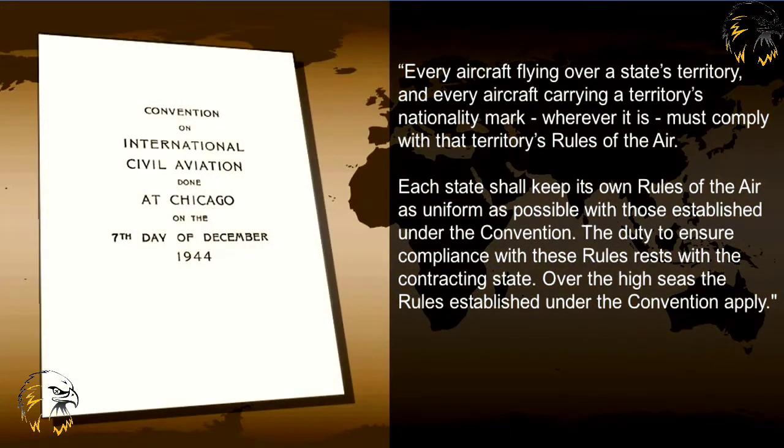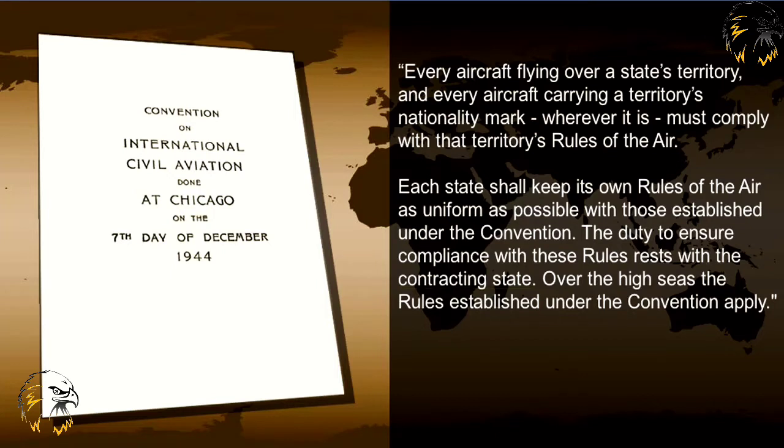It is instructive to consider at this point the words on screen taken from Article 12 of the Chicago Convention, as they put into context the agreement reached between the member states of ICAO. ICAO member states are referred to as contracting states.